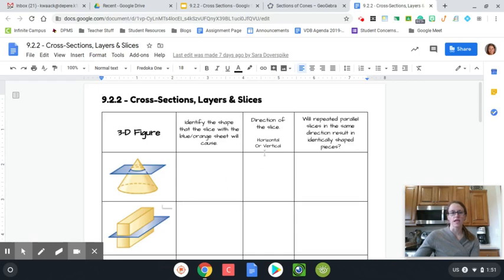So then in our homework, identify the shape that the slice created. You can say it created a circle. And then what was the direction of the slice? Well, this slice direction would have been horizontal. And then, will repeated parallel slices of the same direction result in identical shaped pieces?